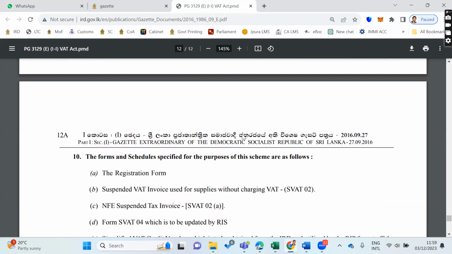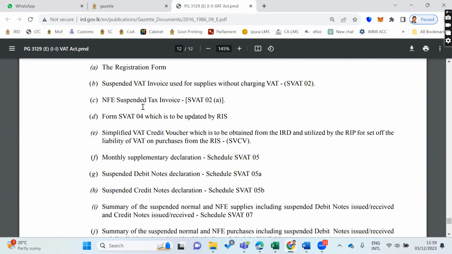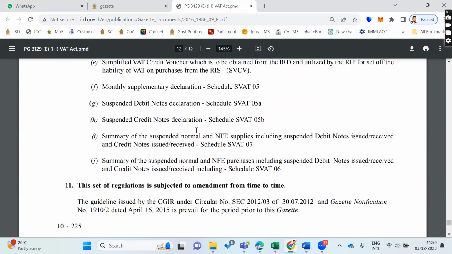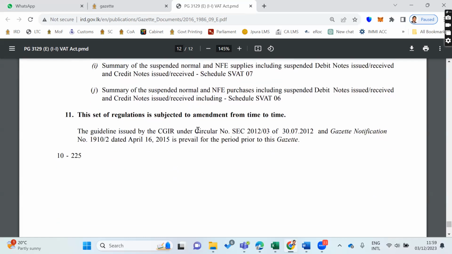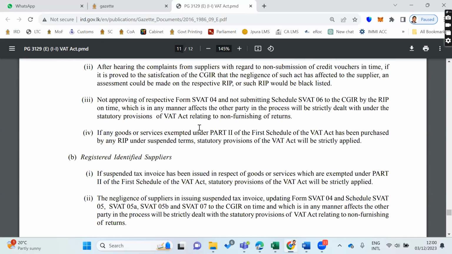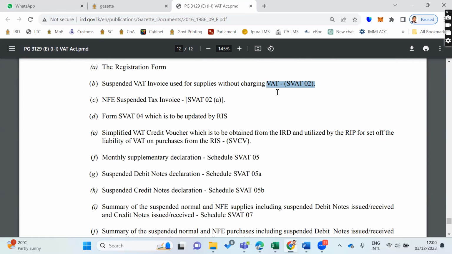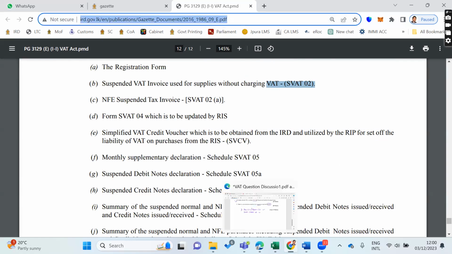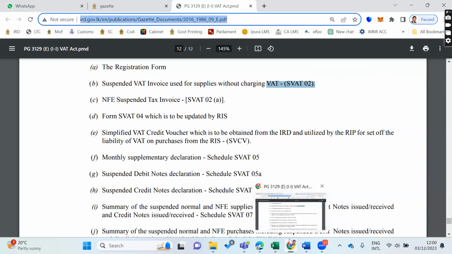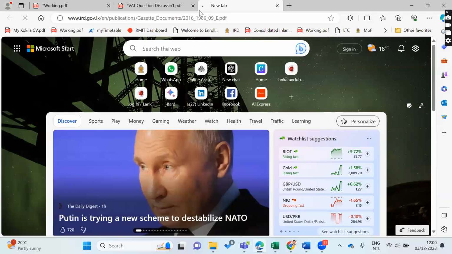Here, in summarized form, the forms applicable for 4 purposes are mentioned. Out of these forms, the majority relate to RIS, and minor schedules are relevant to RIP. Here, if you can see, form 2 relates to RIS.